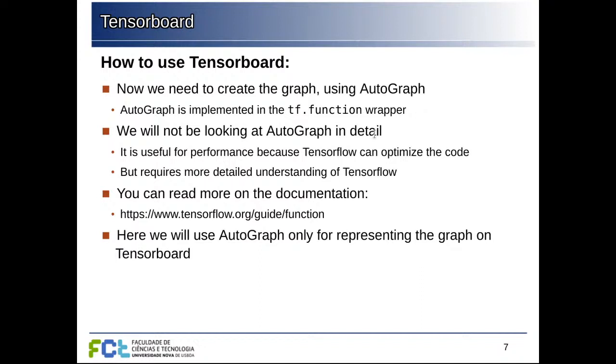There are two reasons for doing this. One, which is the one we're going to use here, is just to look at the model in that representation. So we're going to create a graph to export to Tensorboard and look at it. Another reason for using autograph and creating the whole computation graph is to optimize execution.